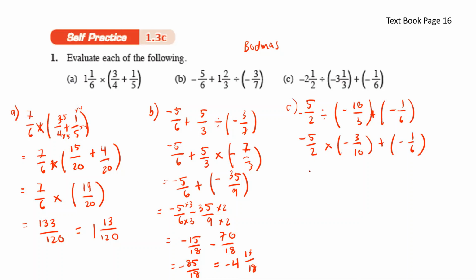So here we'll get positive 15/20 plus negative 1/6. Note that this number becomes positive because negative and negative multiplication gives you a positive number.